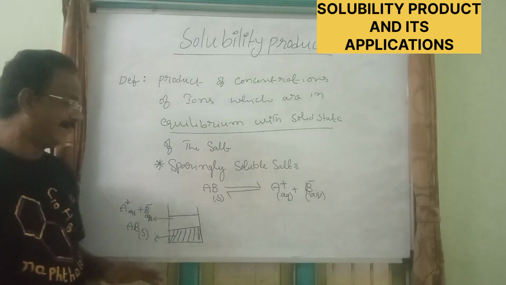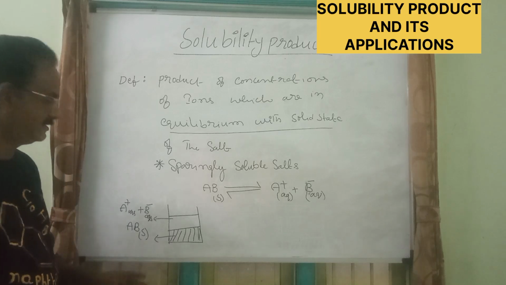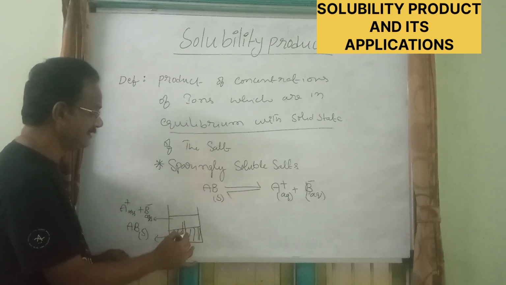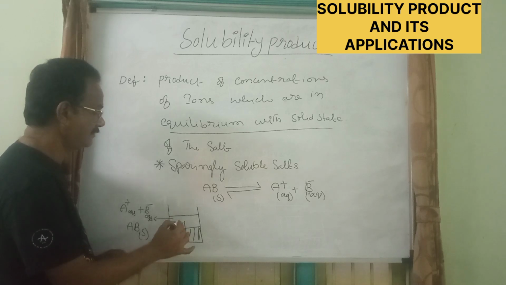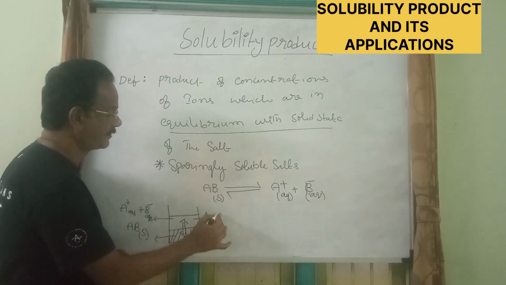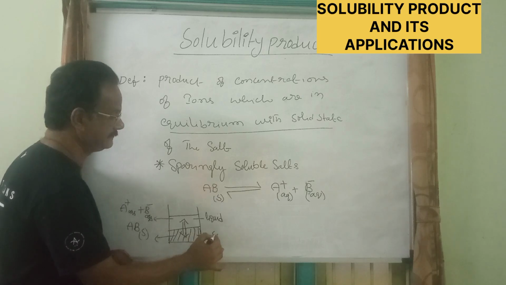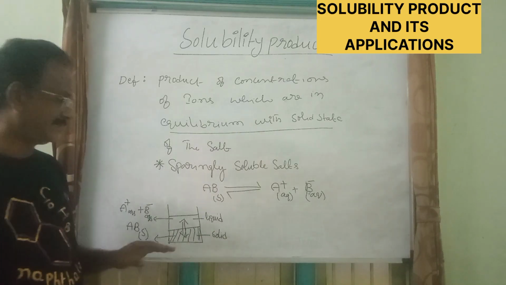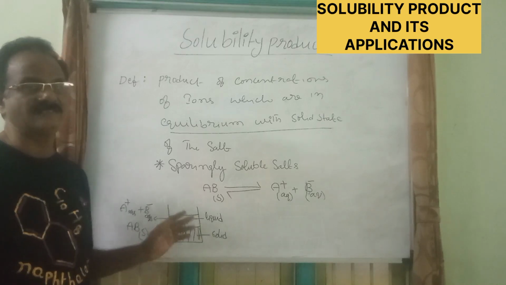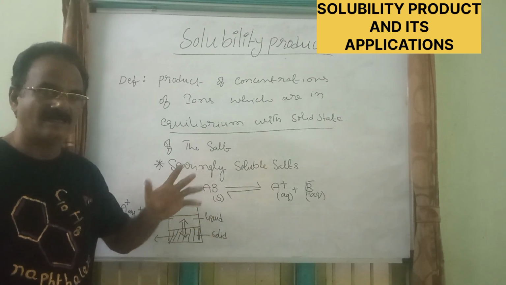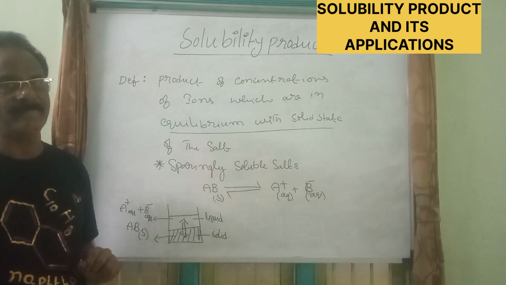Okay, at this particular situation one can consider that there is equilibrium between liquid and solid. So here we can assume that the ions present in liquid state are in equilibrium with the solid state. Okay.